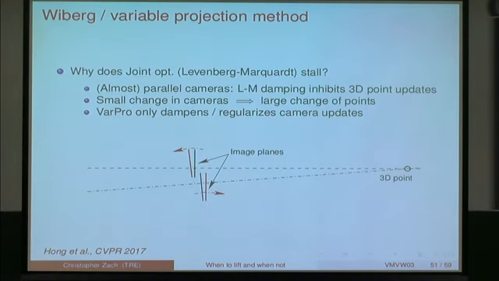But in terms of what is happening, why this joint optimization is stuck, I try to illustrate what is happening, at least in this 3D reconstruction setting. Imagine you have your set of cameras, and by random chance, two cameras are almost parallel, looking almost in the same direction. Which means the underlying 3D points would be triangulated at a large distance.